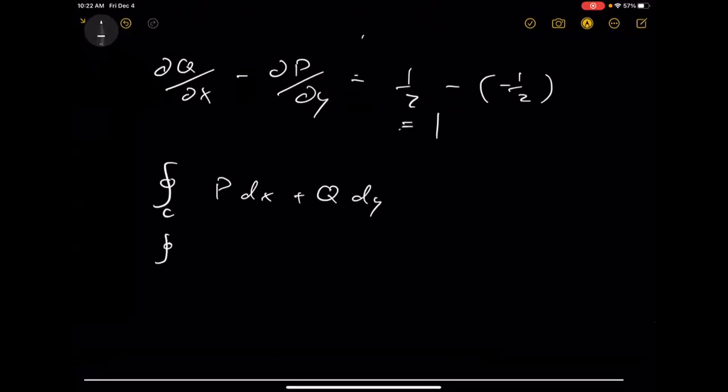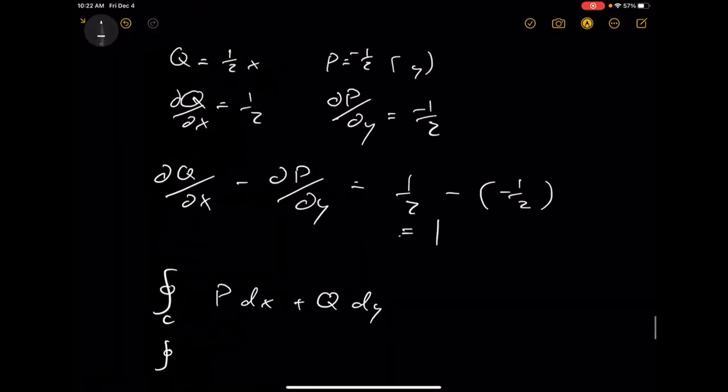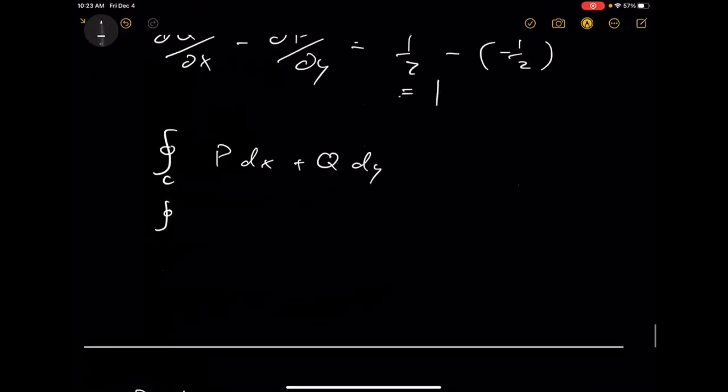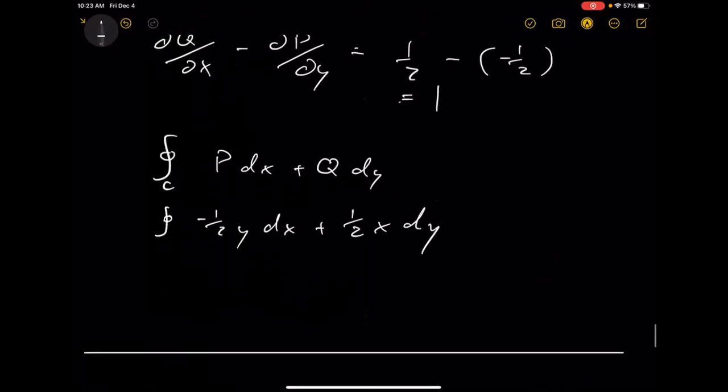And we've determined that we're going to use P equal to negative 1/2 y, and then Q is going to be 1/2 x. All right, and then what do we need? We need to compute this line integral.